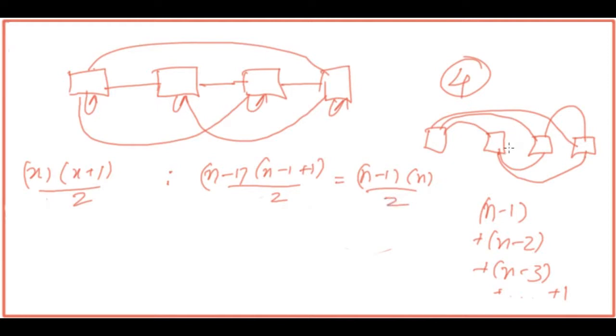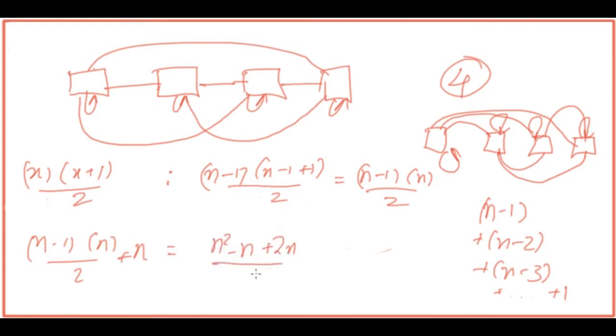But again you consider one factor here, that each node also has an interconnection, so you have n additional connections, right? So basically n minus 1 into n by 2 plus n equal to n square minus n plus twice of n by 2 equal to n square plus n by 2, that is nothing but n into n plus 1 by 2.